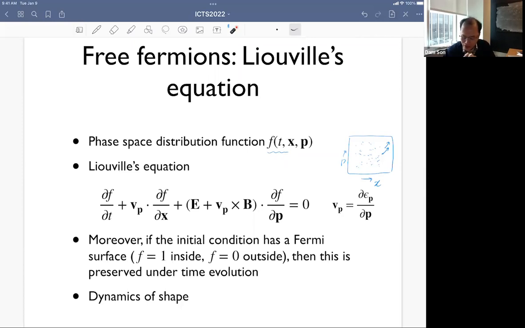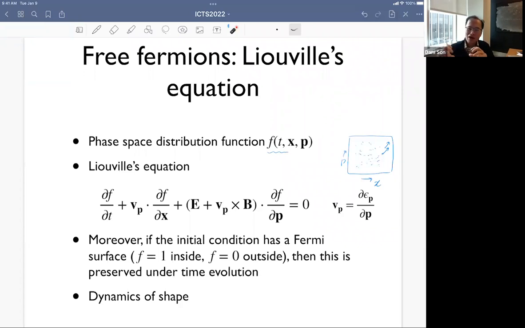One feature of this solution is the conservation of phase space volume, which implies that if the initial condition is chosen to have the form of a sharp Fermi surface, that is, if this function f is equal to either 0 or 1, as we would have in the case of a Fermi gas at zero temperature, then this feature that f can be only 0 or 1 is preserved under time evolution.